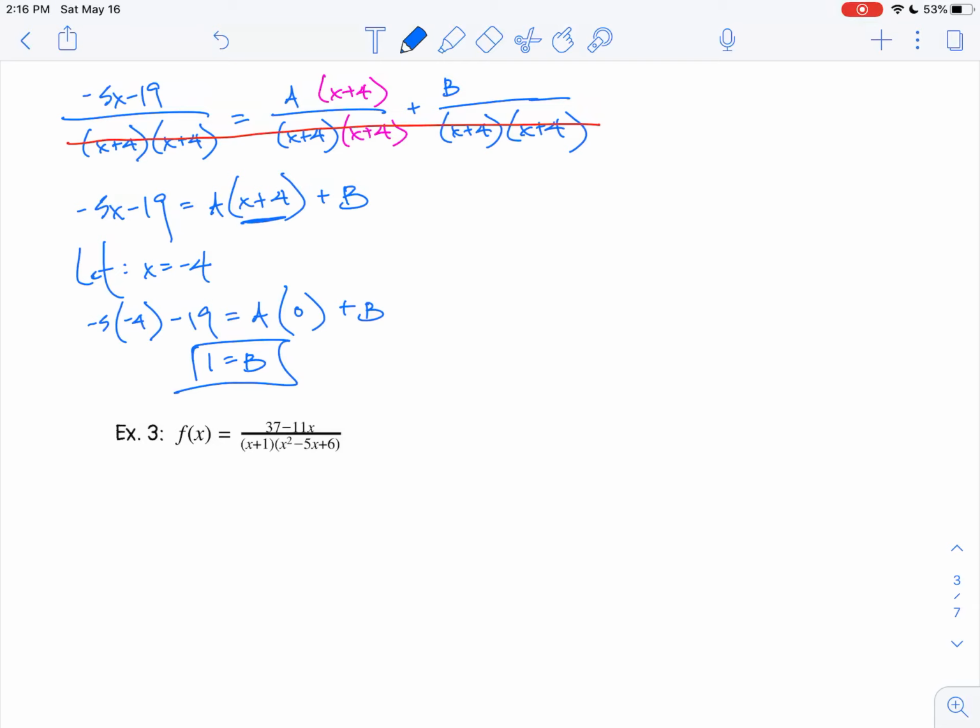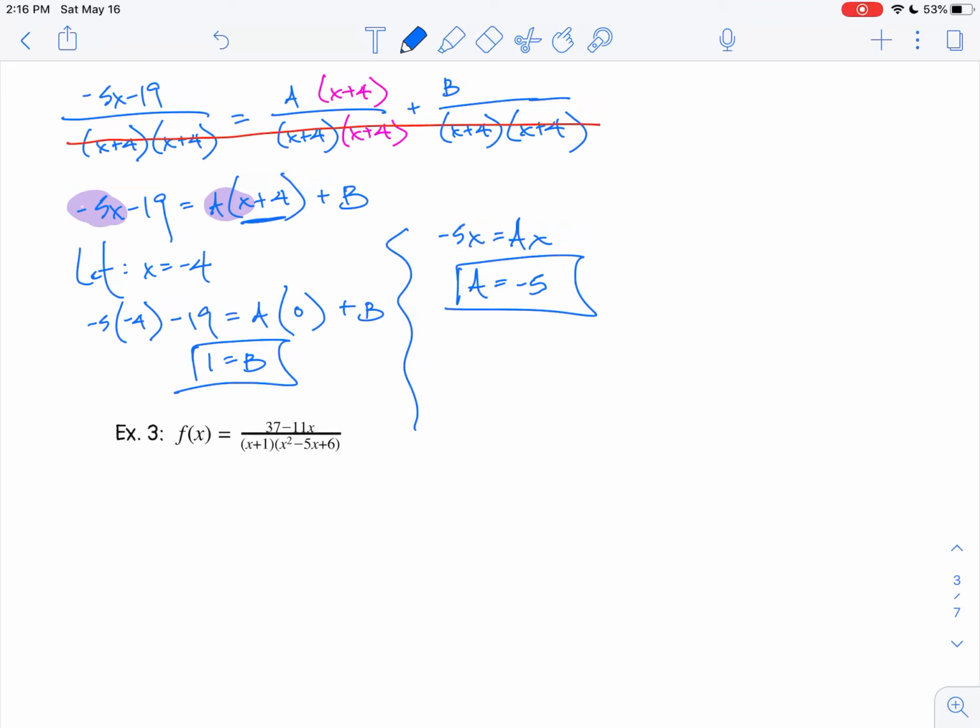Now, once I have my b, I can go ahead and see what I need to do to find my a. So in this case, I'm going to write an equation that only has the x's. So negative 5x equals ax. That means that a equals negative 5.